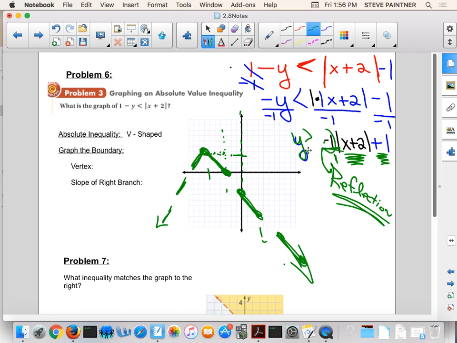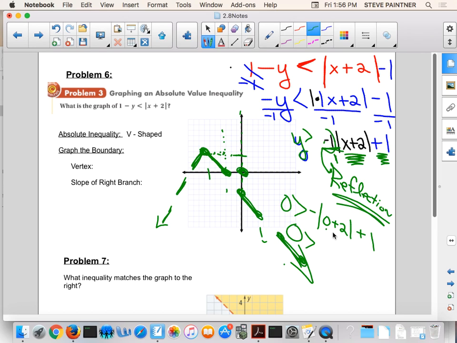Do you guys remember in the very beginning when I said if it's solved for y, greater than means shade where? Above. This is shaded above. But here's the deal. If you don't remember that, can you try 0, 0? 0 goes in. 0 plus 2 plus 1.